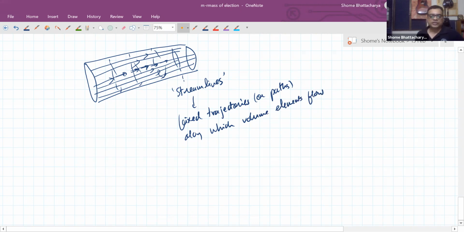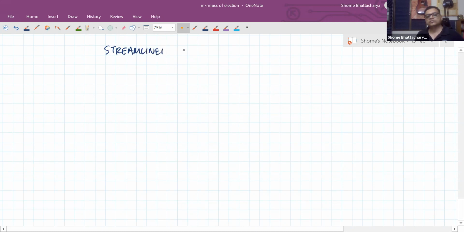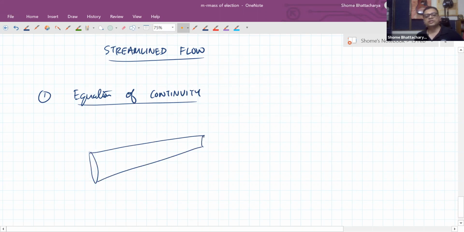Okay. So now based on this, we have two important equations for streamline or steady flow. One is called the equation of continuity. So as liquid is flowing through a tube of varying cross section, if at a particular position the cross sectional area is A1, and at another position the cross sectional area is A2, and liquid is flowing in this direction, the velocity of flow at A1 is V1 and at A2 is V2.